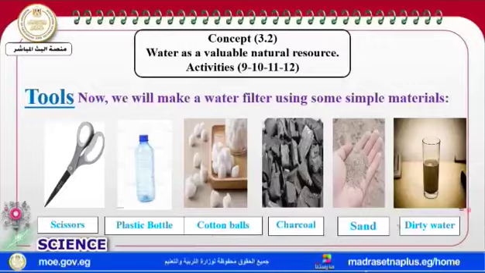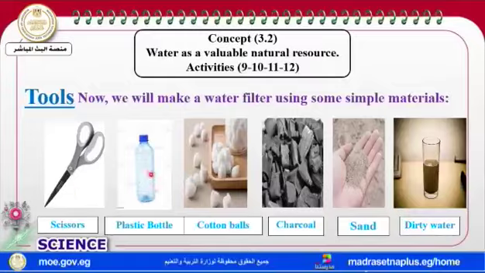Okay? But if we're going to make a water filter at home, look at this picture, it's dirty water. Inshallah, we're going to change the dirty water into filtered water by using simple tools in our home, which are firstly scissors. Okay.